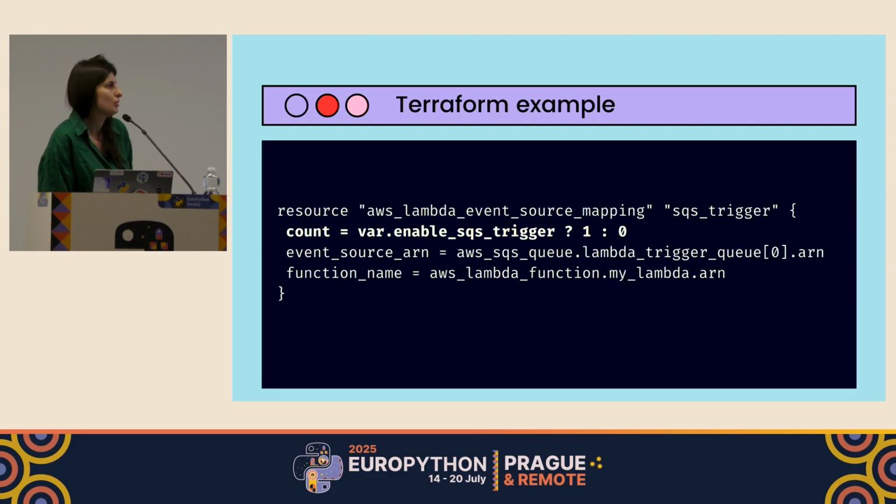And also, my personal pain is using dynamic blocks inside resources just to define optionally, I want to apply this, I don't want to apply this. So I think with SDK, it's much more powerful and much more flexible.